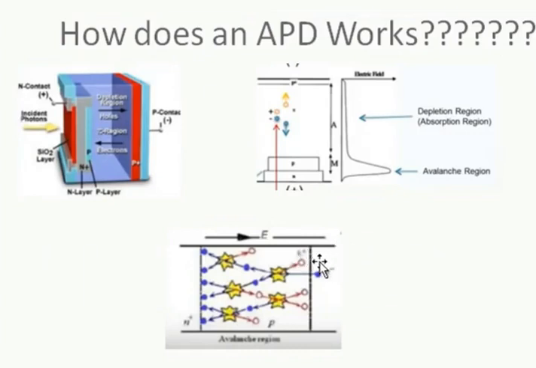As you can see from this third figure, the electrons, which are the primary carriers in this case, strike other electrons and create even more electron hole pairs, leading to an avalanche effect. So this is how the avalanche process takes place in an avalanche photodiode.